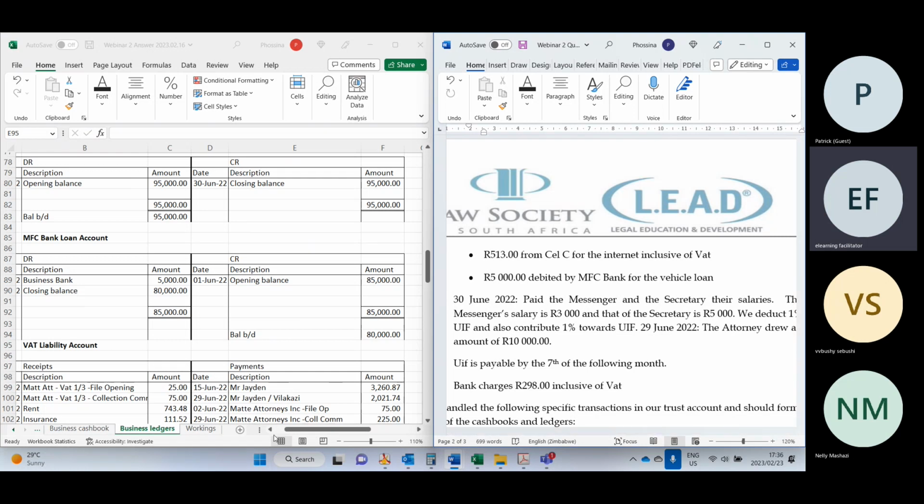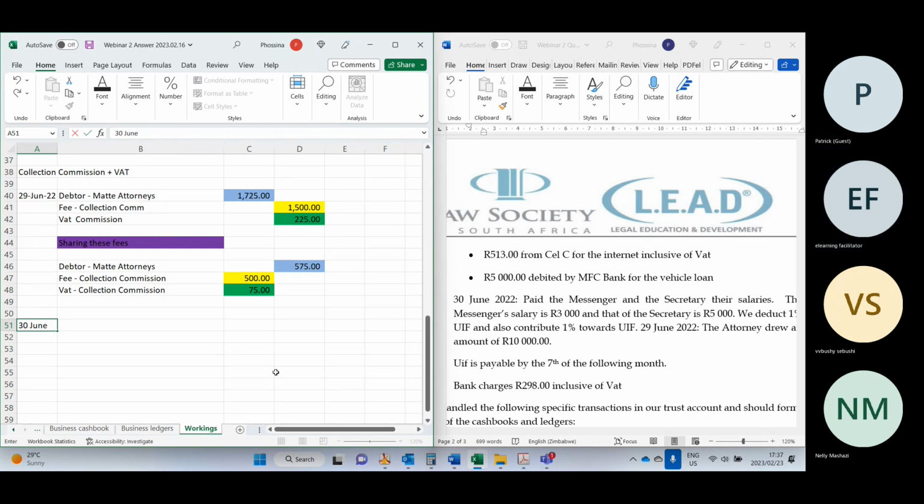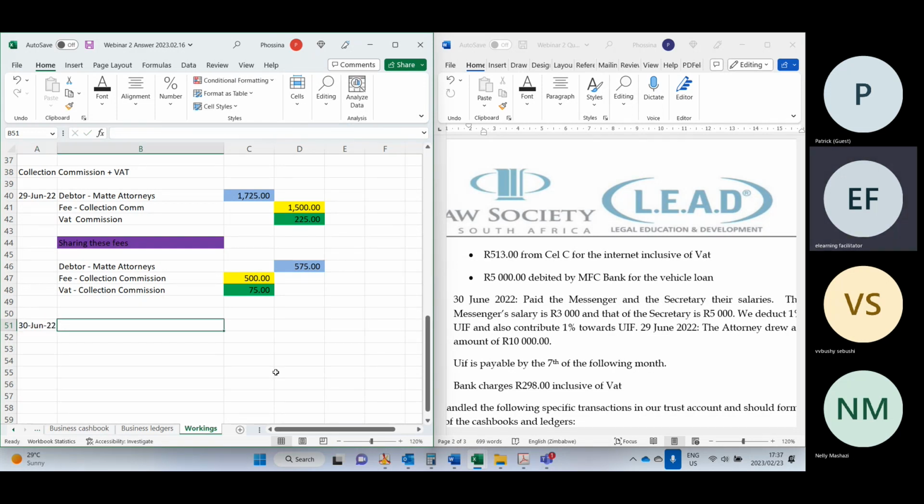So we do our workings. We are told that the messenger salary is 3,000. So this is 30 June 2022. It's an expense. So as an expense, our total cost to company is what we record in our expense account.